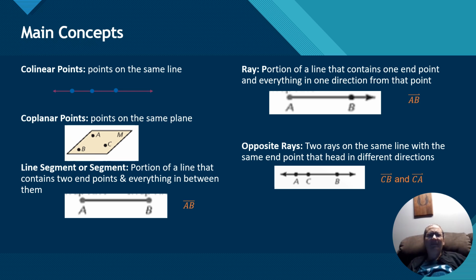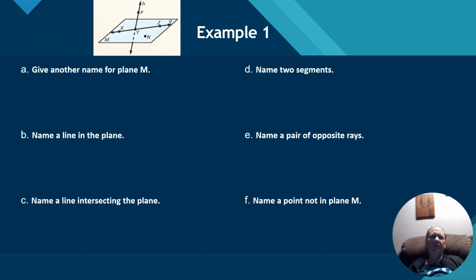So let's move on. All right, in our first example, we're given this diagram up here, and we're asked a bunch of questions about it. So let's just go into those questions. First of all, it's asking us to name another name for plane M. So a plane can be named by 3 non-collinear points. So I can't use X, Y, and Z because they're all on the same line, but I would start by writing the word plane.